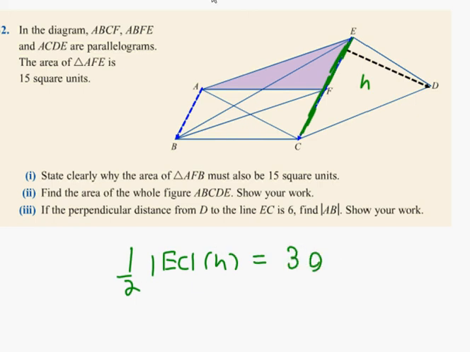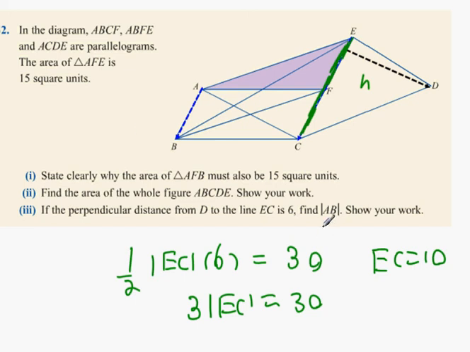Half of 6, somebody said 6, didn't they? So that's going to be 3 EC equals 30. EC therefore equals 10. Go back to the original question. AB therefore has to be 5. That's half of it. Everybody alright with that?